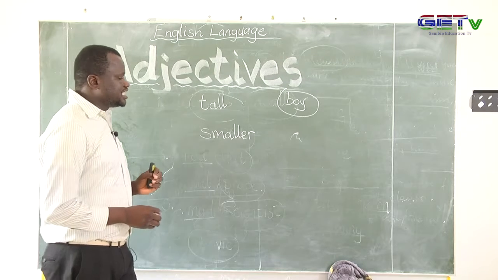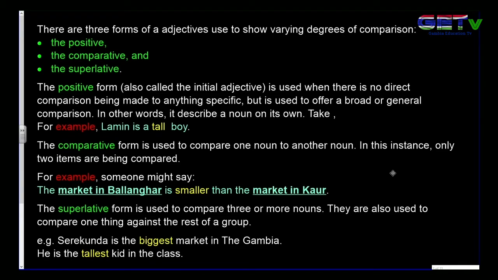Now we move on to the next one, which is the superlative form. The superlative form is used to compare three or more nouns. They are also used to compare one thing against the rest of a group. Here, for example, Serekunda is the biggest market in the Gambia.